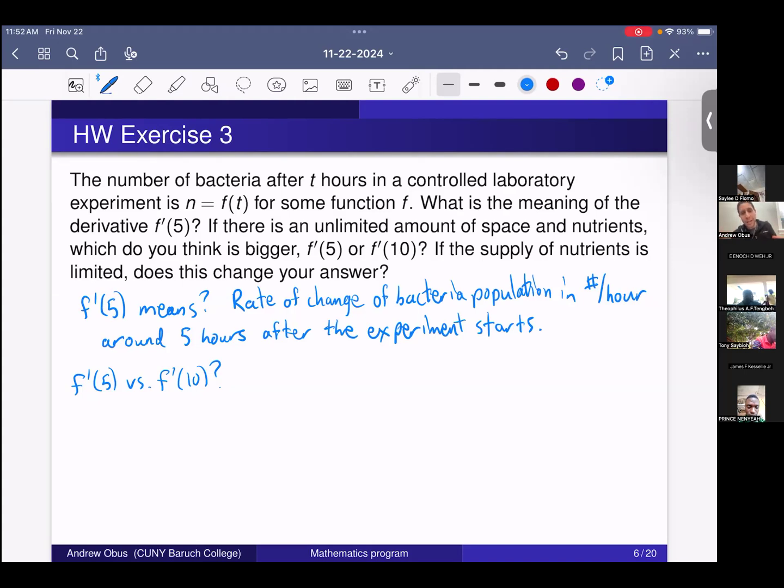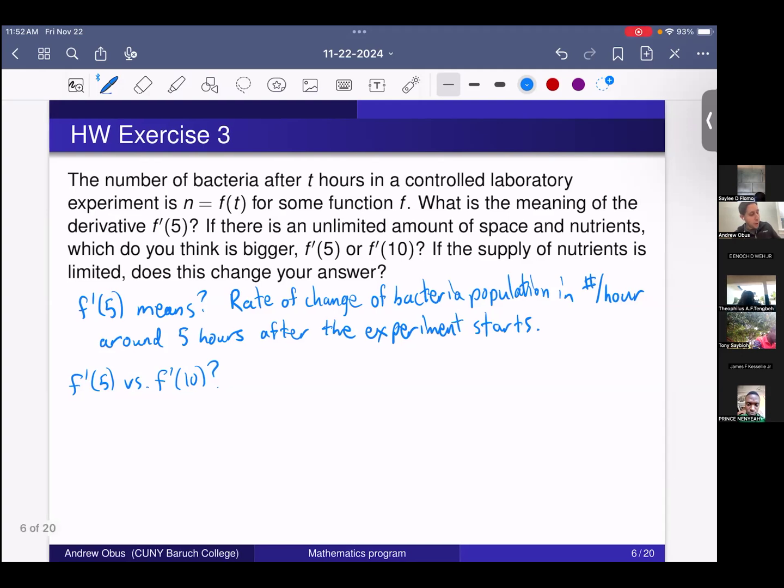Because the more bacteria you have, the rate of growth is proportional to what you have. This is what's called exponential growth. We'll talk about this probably not this semester, we'll talk about it next semester. But the more bacteria you have, the faster it grows, because each of your bacteria could split any minute, right? And so if you have more, there's more that are splitting at any given time. And so the rate is higher, right? So Enoch, you're exactly right.